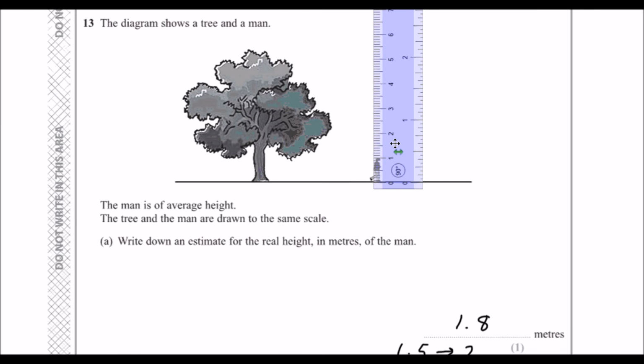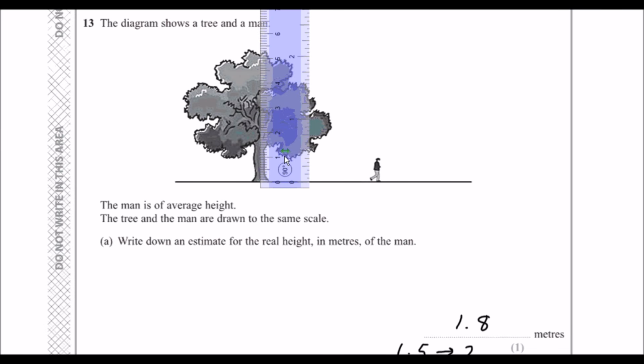So I'm not sure if you'll get the same result here. I've got 1 centimeter tall for the man, and I'm going to measure the tree, which is about 5.5 centimeters tall, probably closer to 5 than 6.